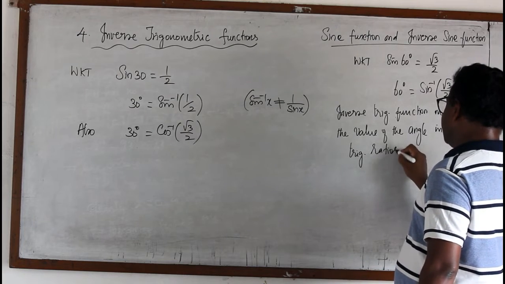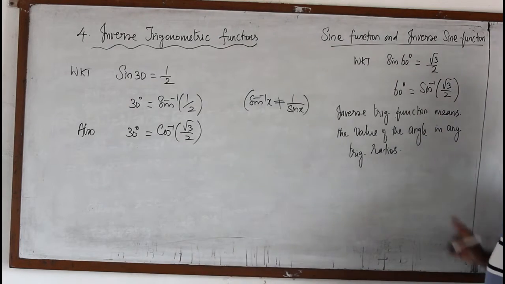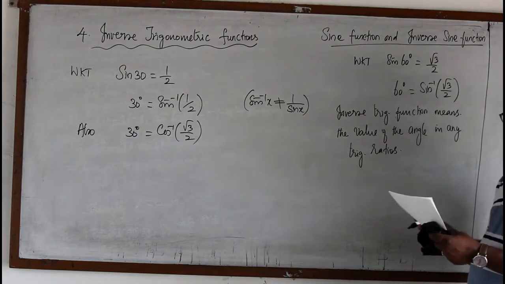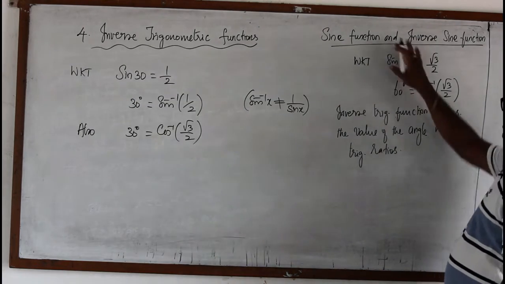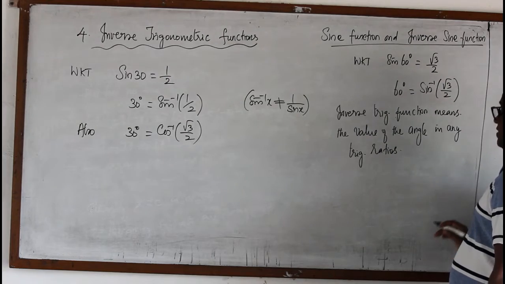That is, it can be given in terms of sine or cos or tan, whatever it is. Therefore, we are going to study only the sine function and the inverse of the sine function.